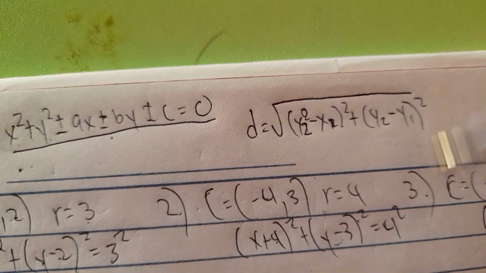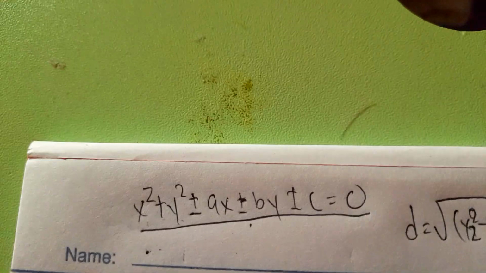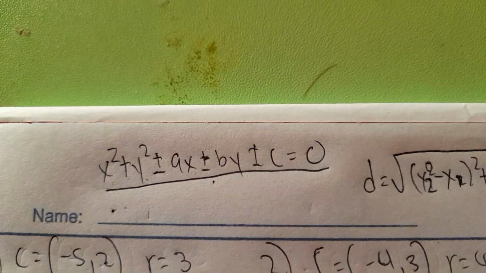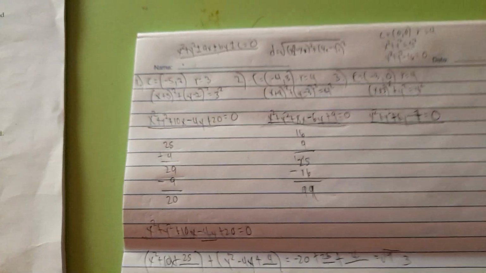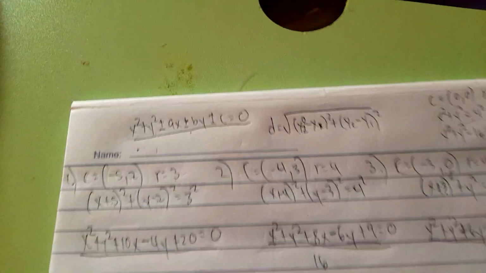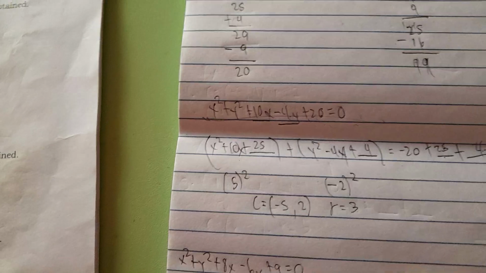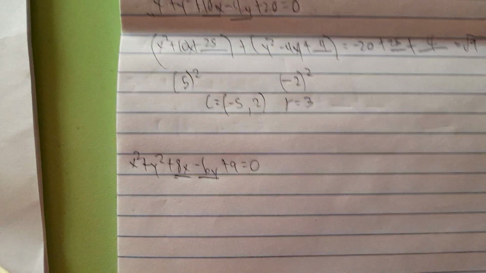So that's the distance formula. It's the same, except it's different from the standard form like this one. Alright, camera, stop shaking. So that's how you solve this equation. If you didn't know how to do this, now you know, hopefully.